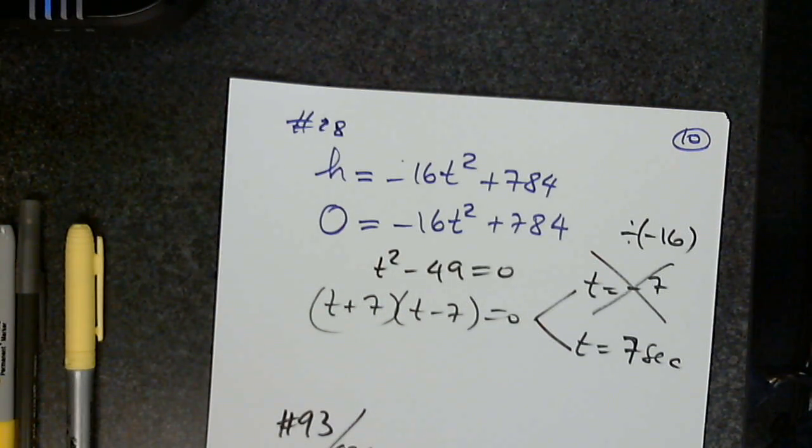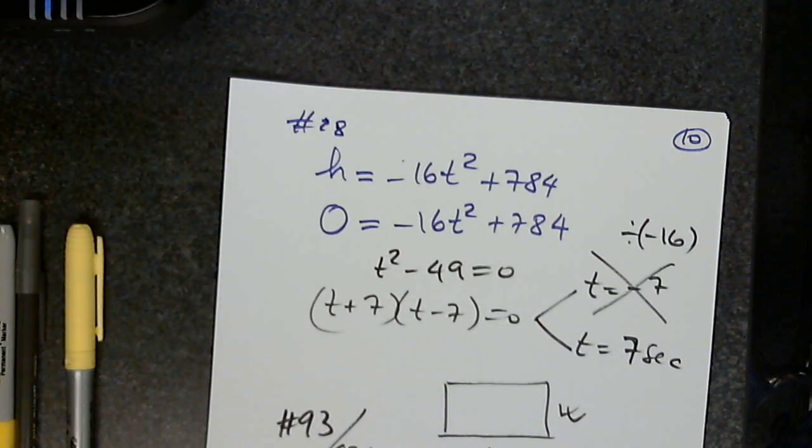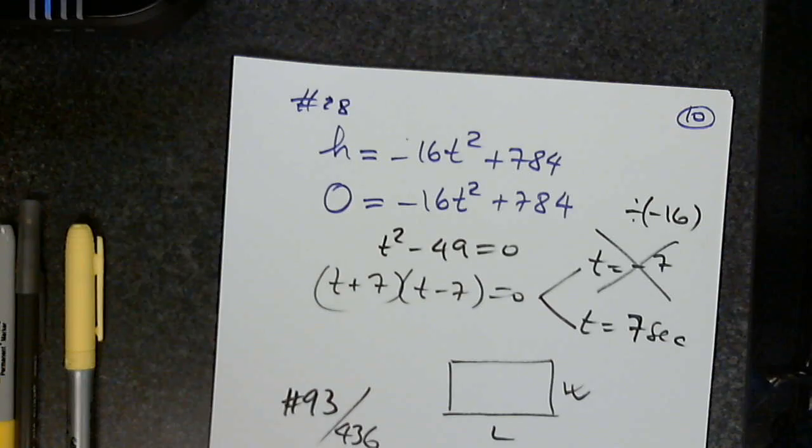The width of a rectangle, so I have a rectangle, here it is, length and width. The width is 4 inches less than its length. Can anyone give us an equation? The width is 4 inches less than its length.